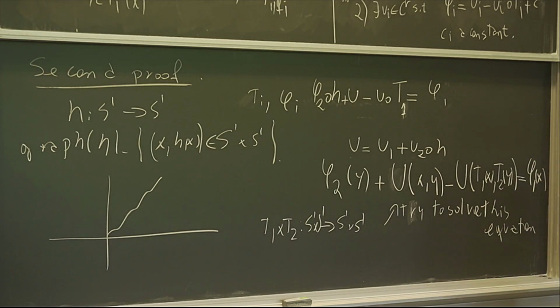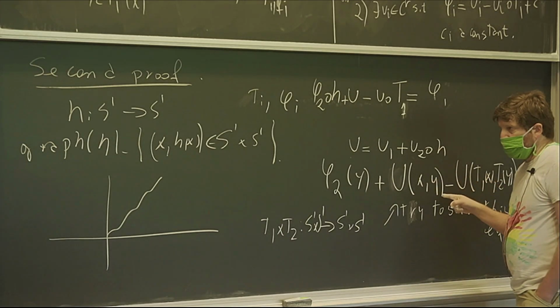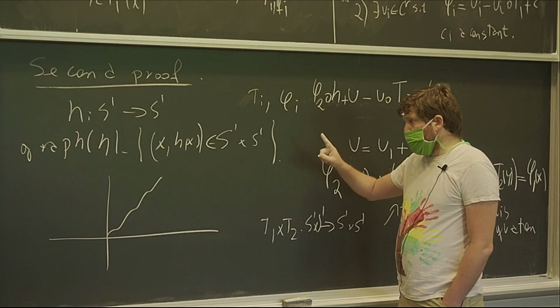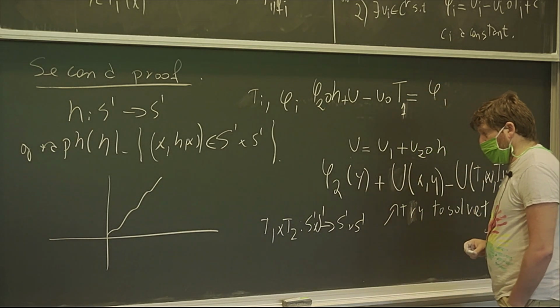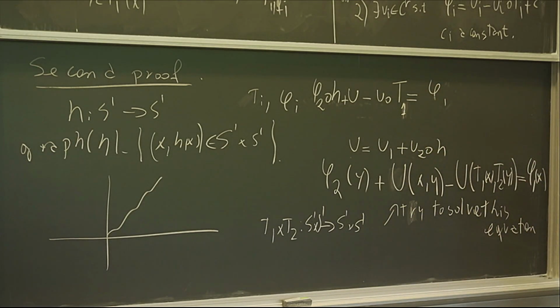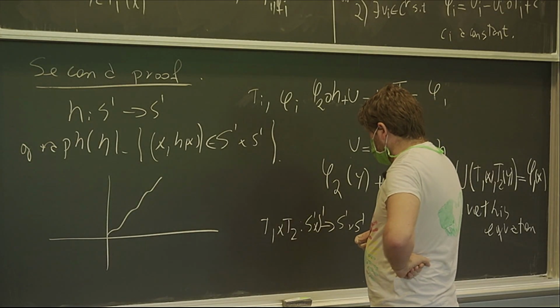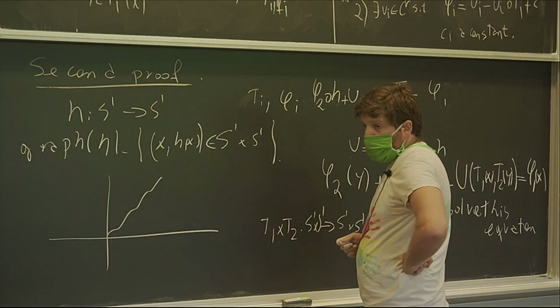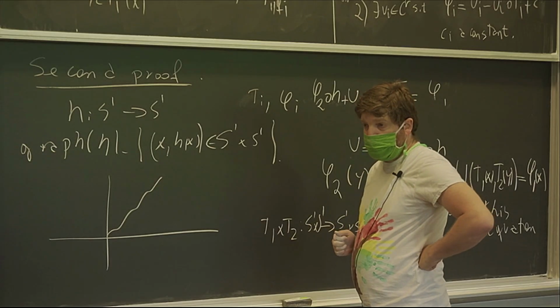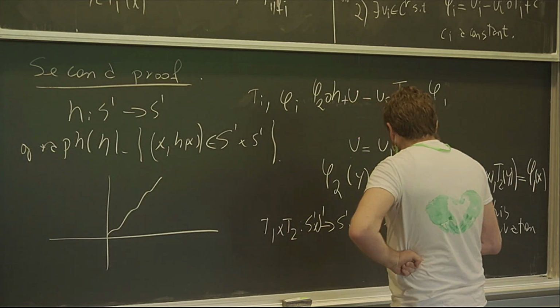And so on this invariant set, we can solve this equation. And the question is, can I spread this information further? The answer is yes and no. And that's pretty much the game.